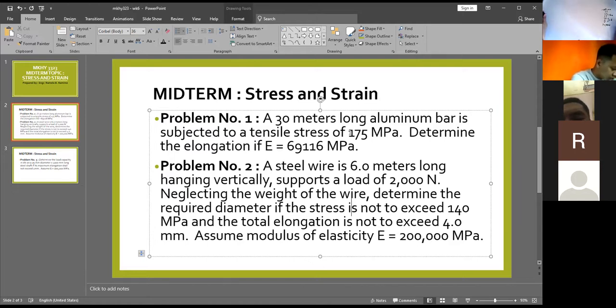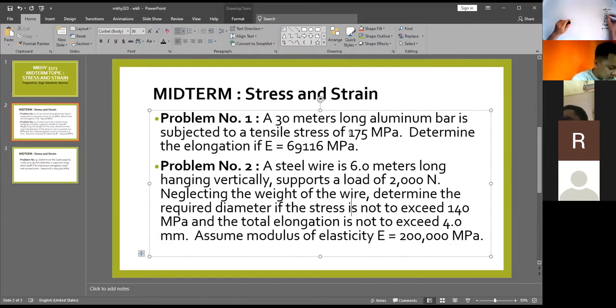And according to the problem, the stress is not to exceed 140 megapascal, and the total elongation should not exceed 4 mm, where y is equals to 0.004 meters. Take note that was a conversion of the 4 mm. So that is 0.004 meters.